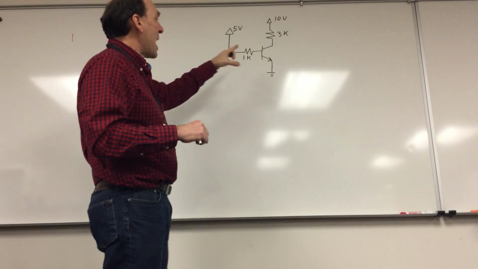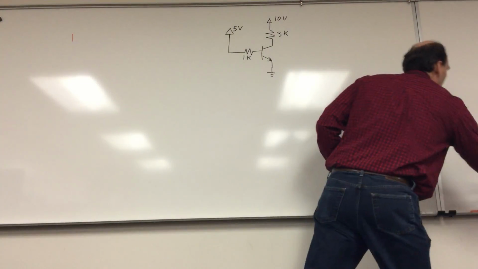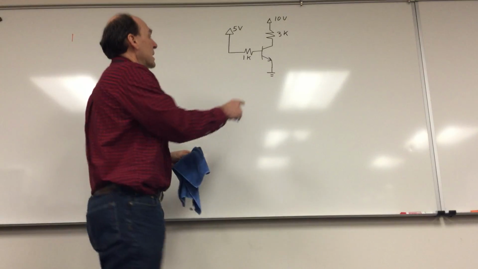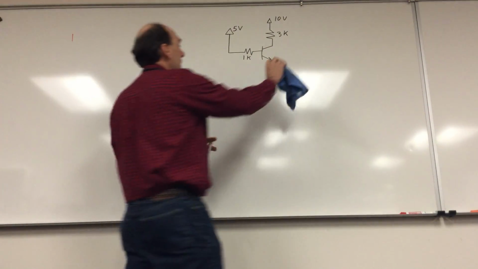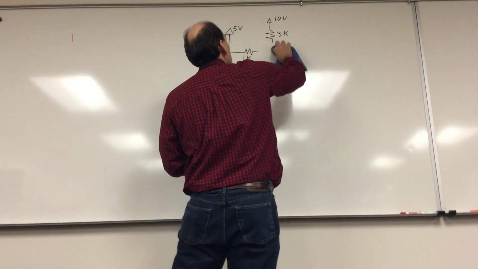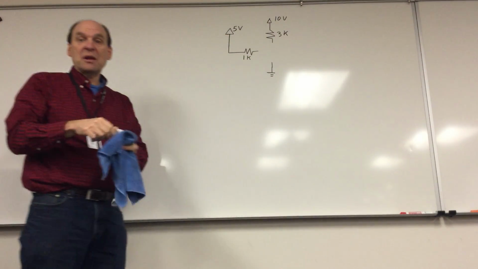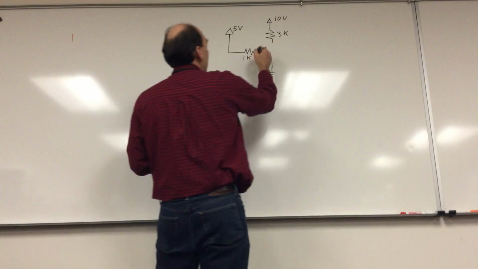So if we assume the active mode, what we're going to do is replace the transistor symbol with its circuit model in the active region.